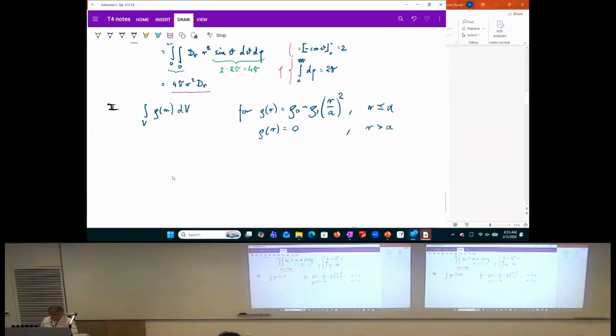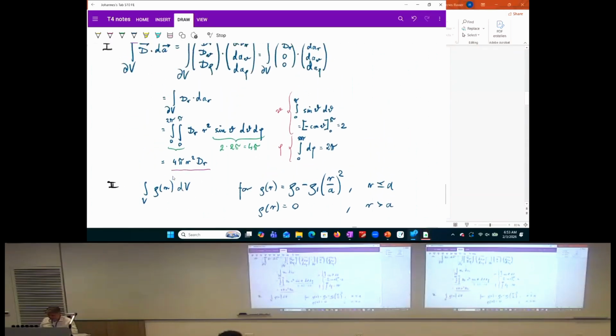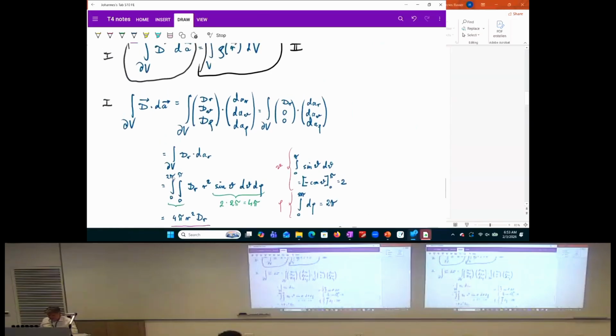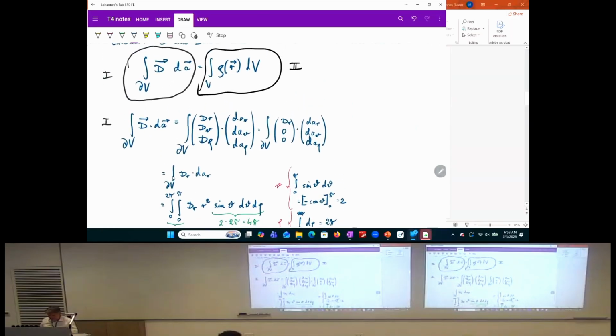So what is the evaluation of this integral inside the sphere? And now why are we doing this? You see, this will lead us to get a relation of how the electric flux density is changing.